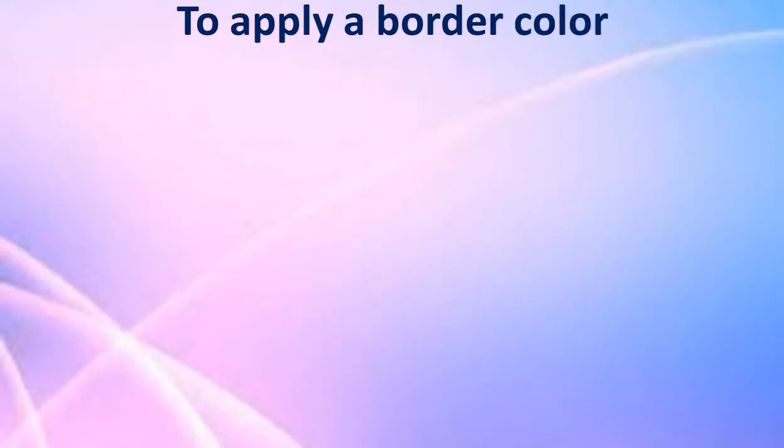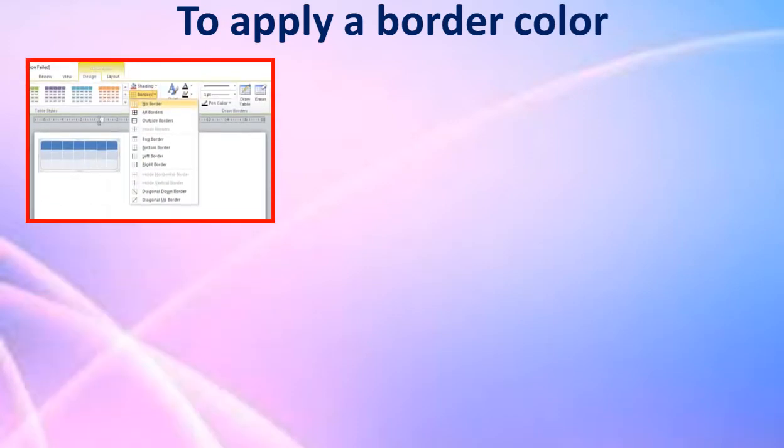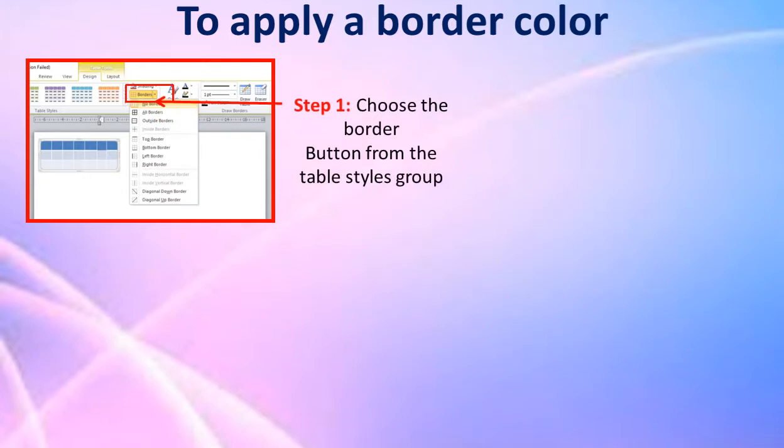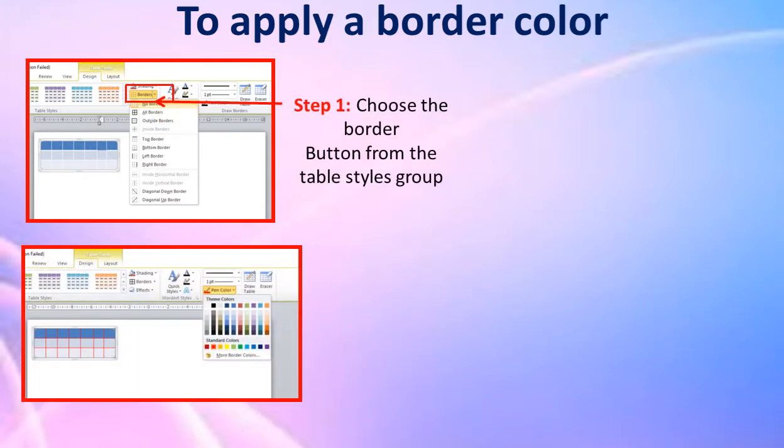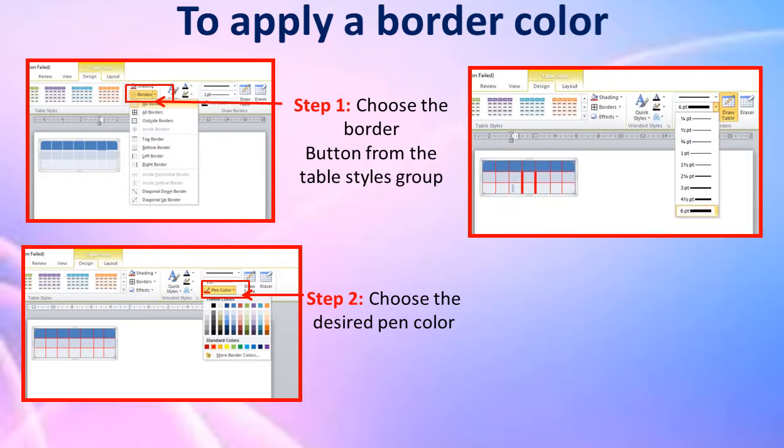We will now learn to apply a border color. Whenever we feel like applying a border color, the pen color tool is used. So what you should do is choose the border button from the table styles group. Then choose the pen color button in the draw borders group on the Design tab. Once you do this, you will find a color palette appearing below. Choose the required color.